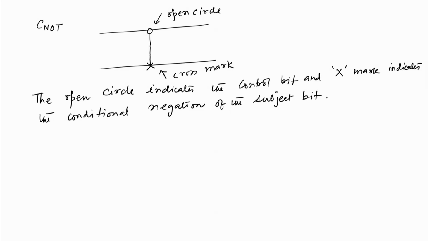Okay. So, the single qubit transformations are represented by just a box and two lines on either side, and the C0 gate is represented by two horizontal lines with an open circle which denotes the control bit, and the X mark at the bottom of a vertical arrow starting from the open circle, that represents a conditional negation. That is, if the first bit is 1, then you change the second bit, and if the first bit is 0, then you do nothing.